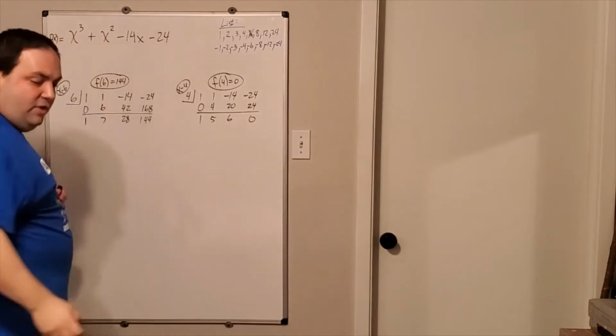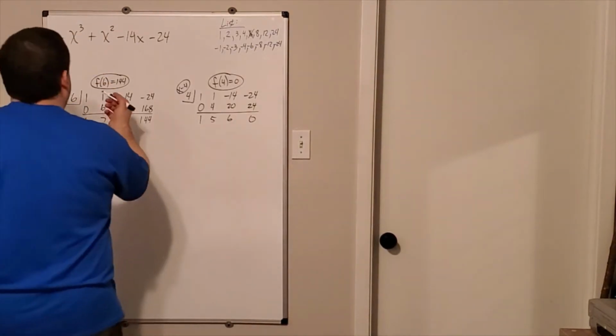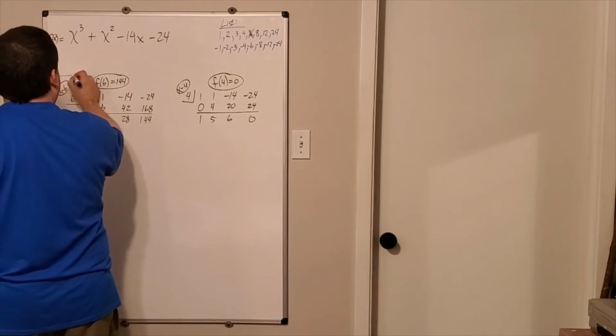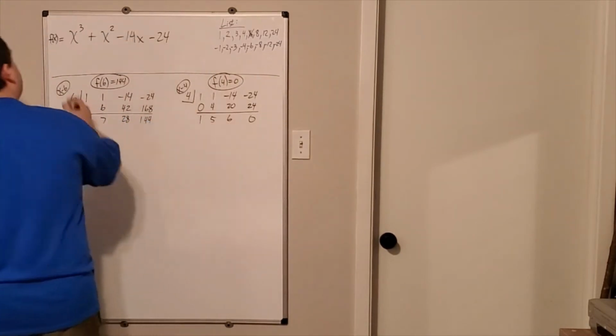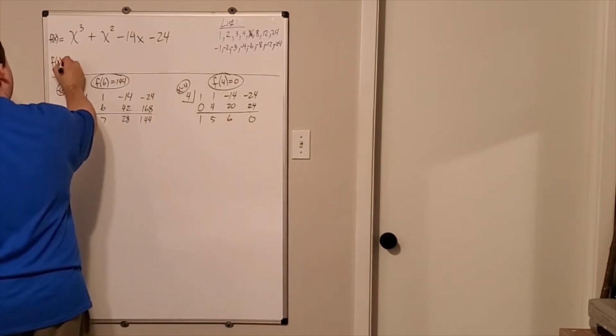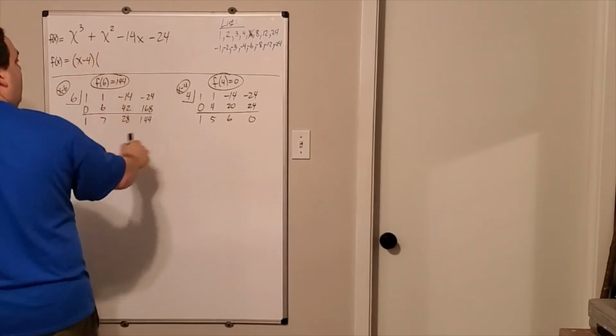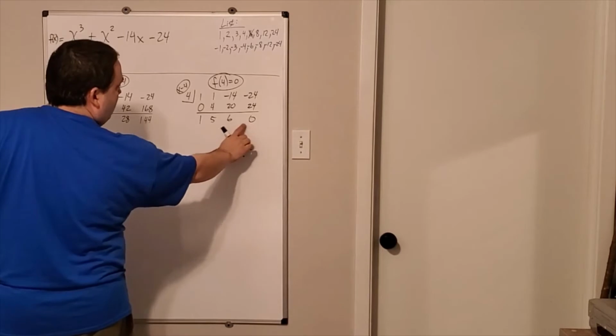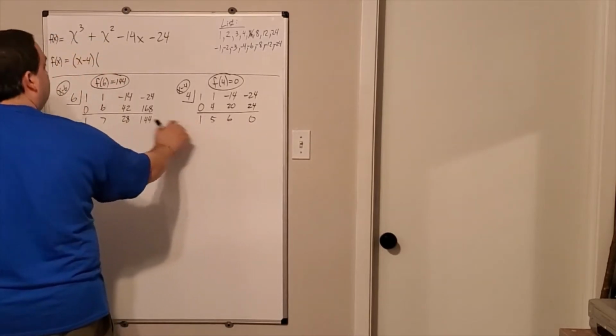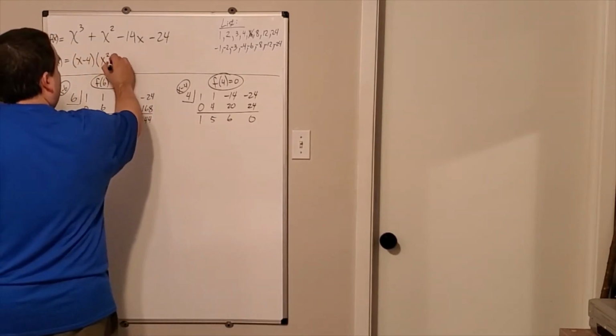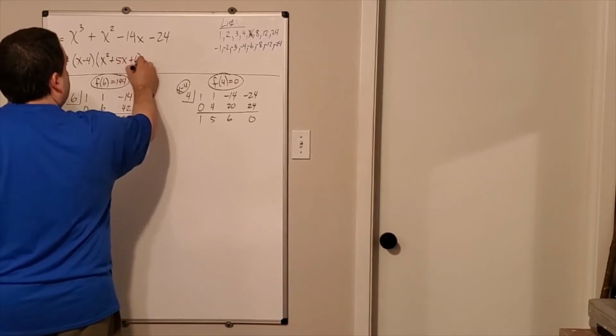And let's see what we've done so far. What we've gotten so far is that f of x also now equals x minus 4 times, remember how to read this, this is remainder number x squared. So that's x squared plus 5x plus 6.